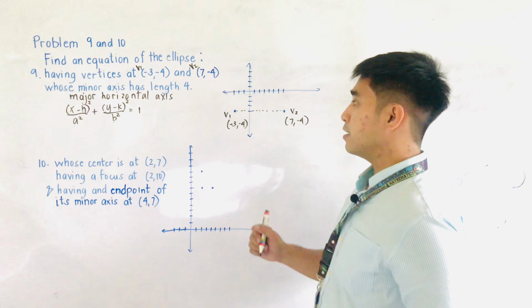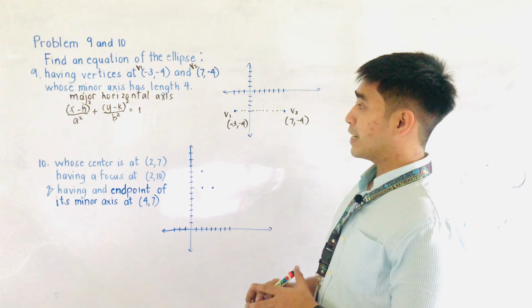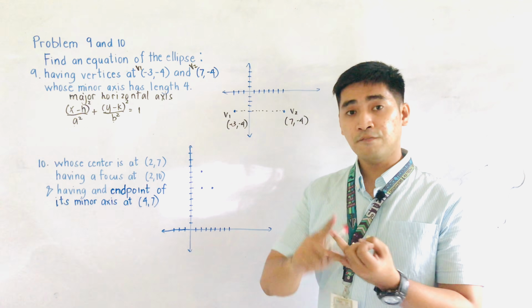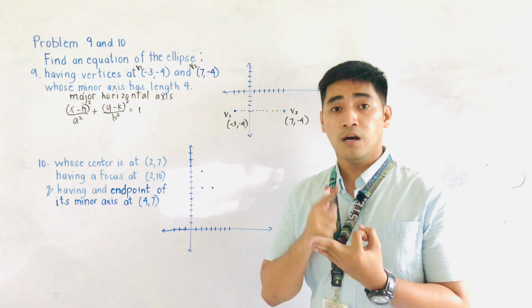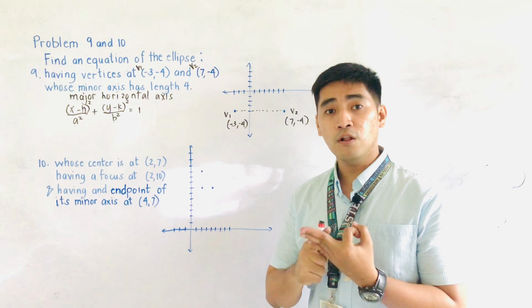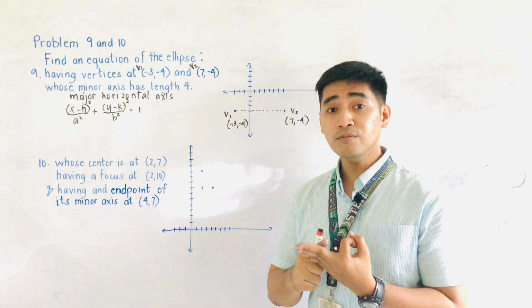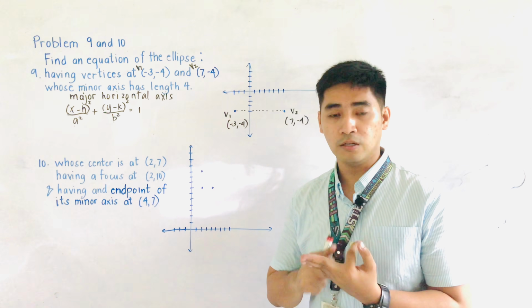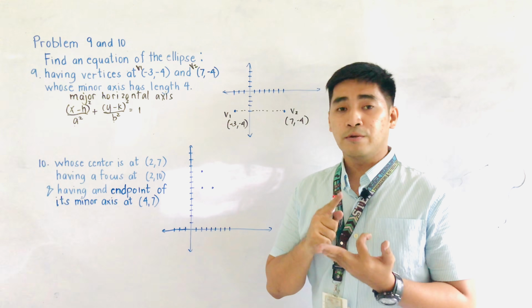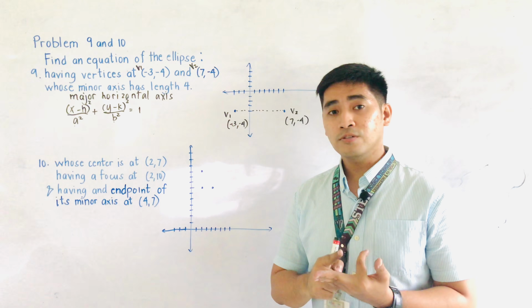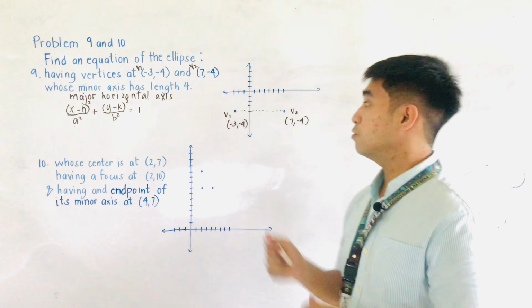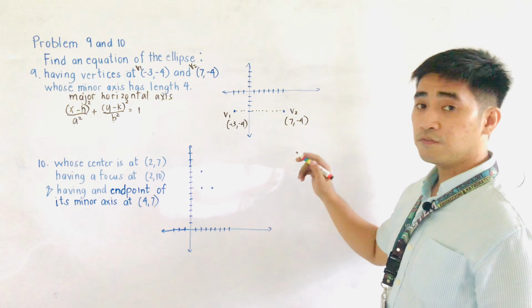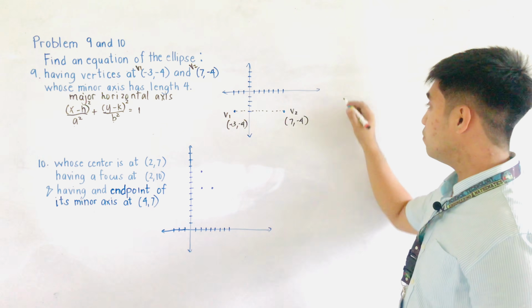If you are given the vertices, the foci, or the co-vertices, if you are given the endpoints of those, all you have to do is to get the midpoint. Always remember, when you get the midpoint, you are also getting the center of the ellipse. So we are given the vertices -3, -4 and 7, -4.